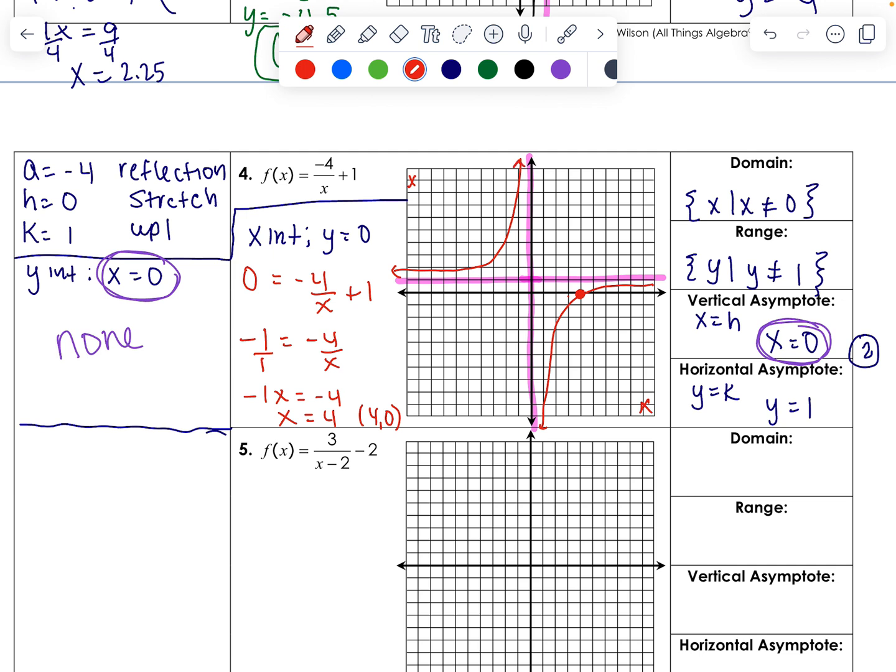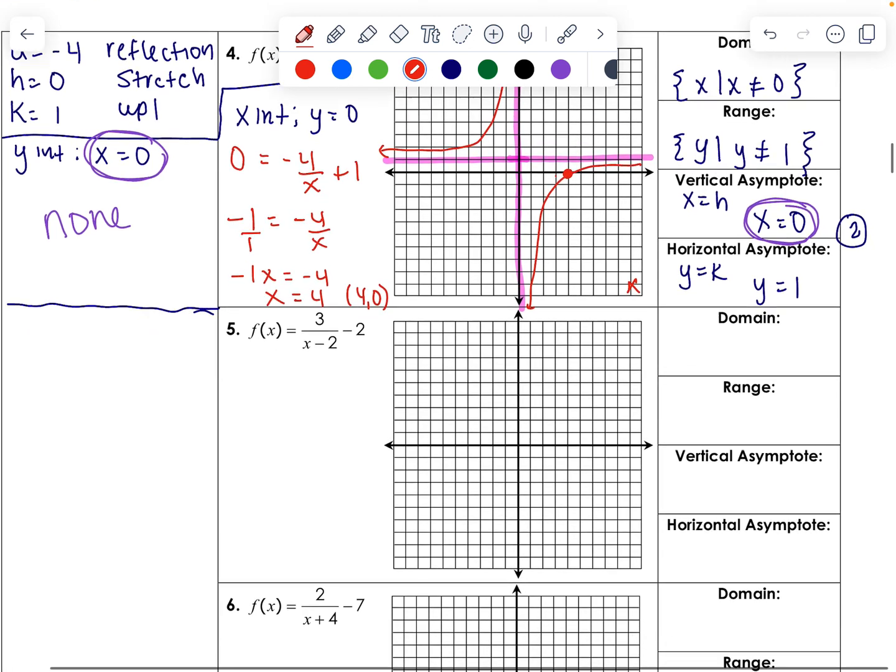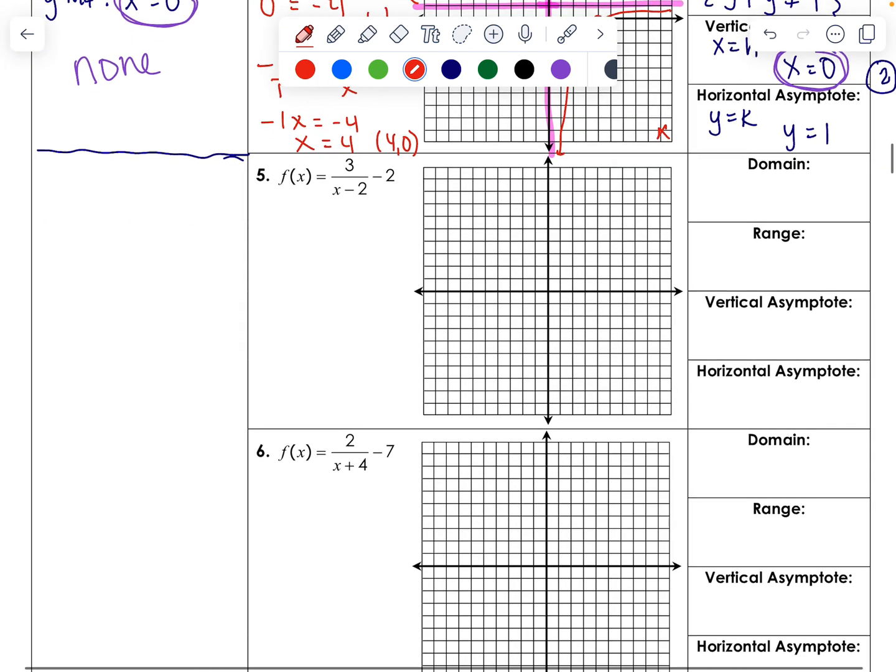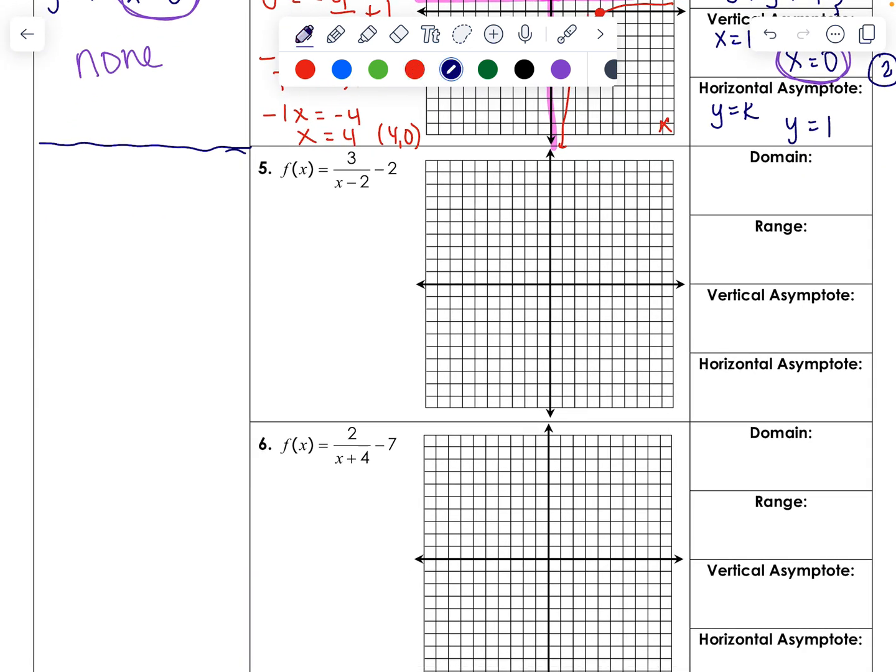All right. I am going to do number 5. All right. So number 5, again, we're going to go A equals, H equals, and K equals. So A is going to equal 3, H is 2, because it's always the opposite, and K is -2.